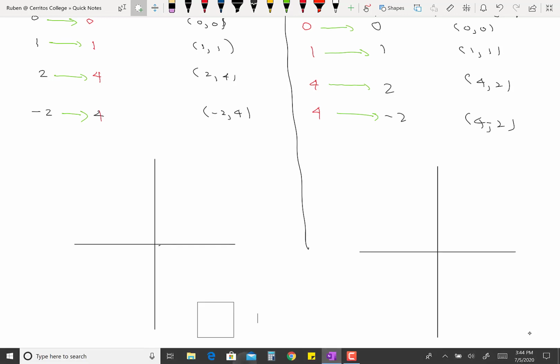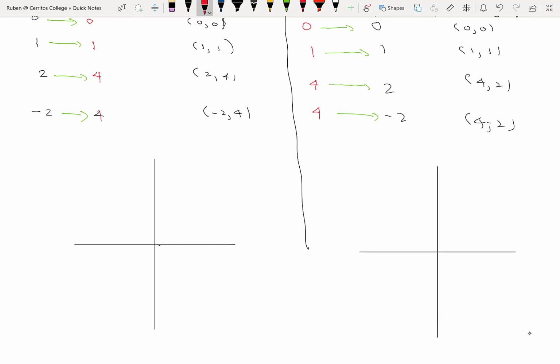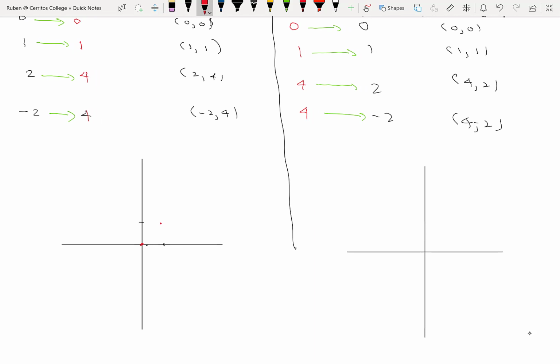The function goes through the points 0, 0. I think I'll plot those points in red. So 0, 0. The function also goes through the point 1, 1. And put that point in. Function also goes through the point 2, 4.